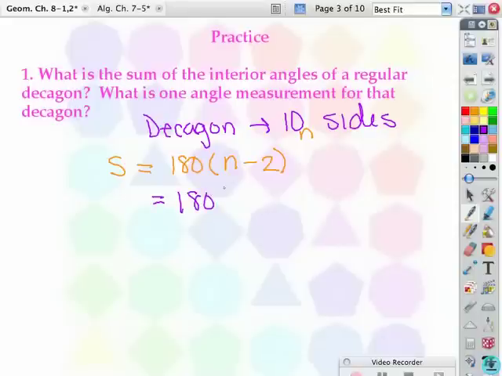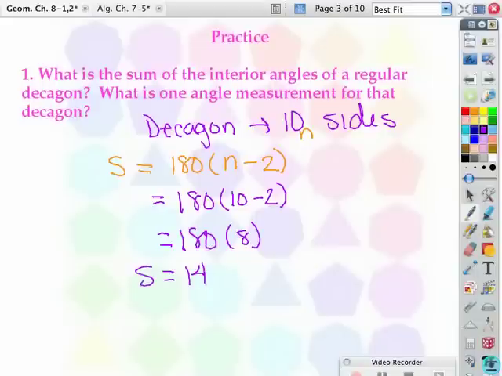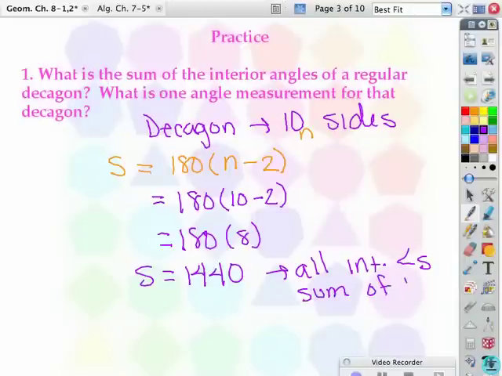We get 180 times 10 minus 2, which is 180 times 8, which gives you a total of 1,440. So that means in one decagon, all interior angles will give the sum of 1440, and that's for a decagon only, okay?